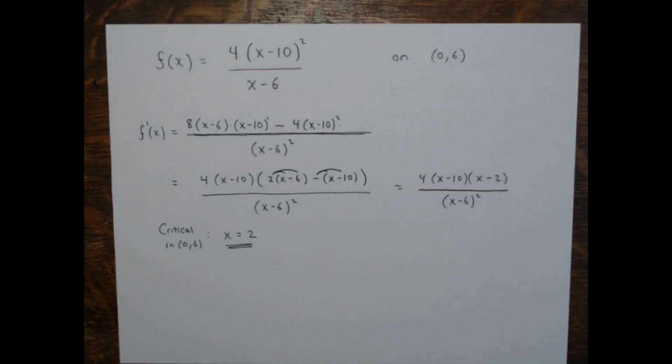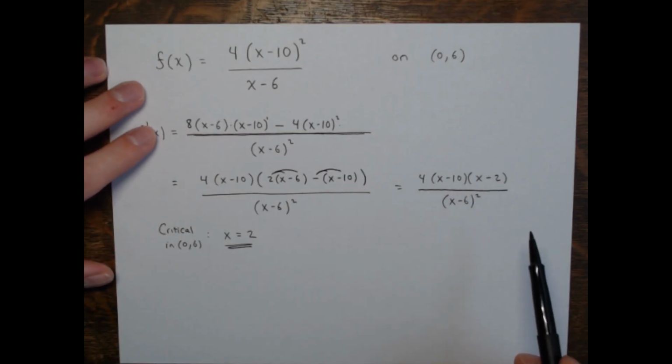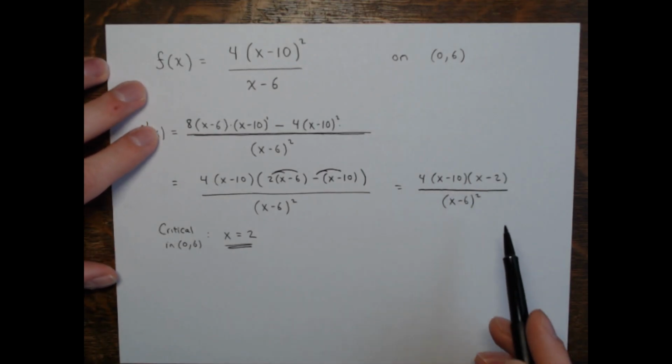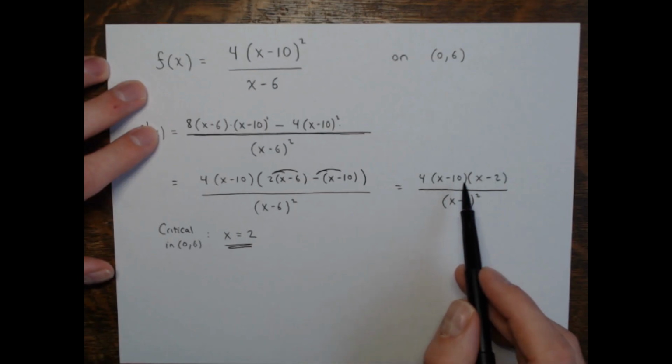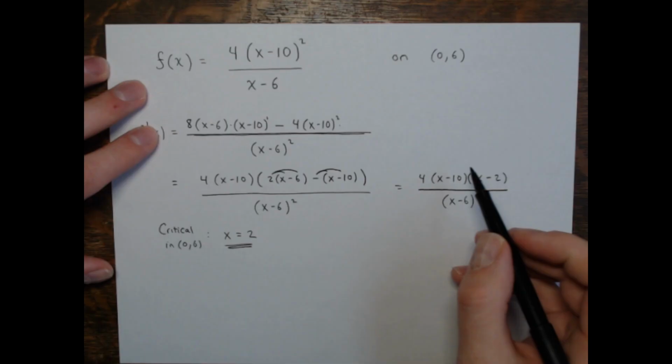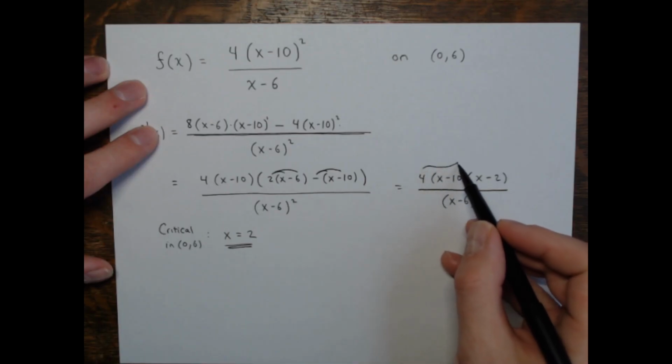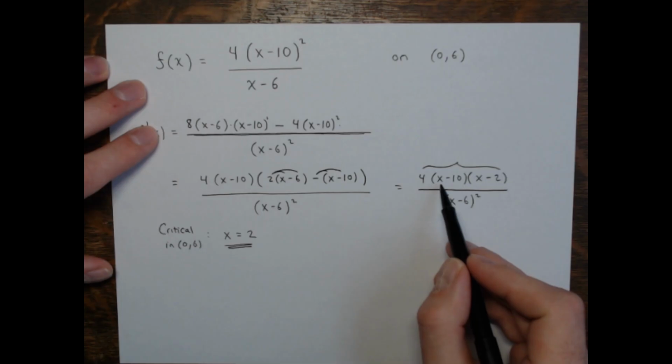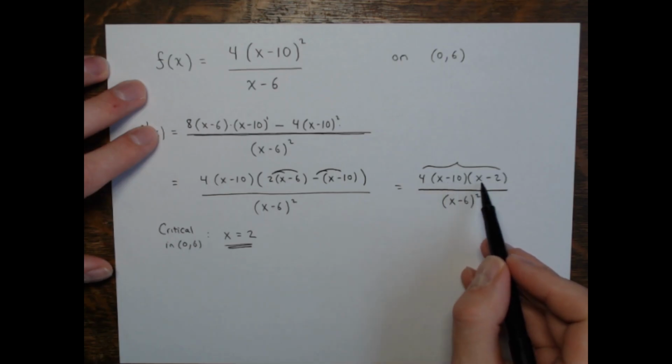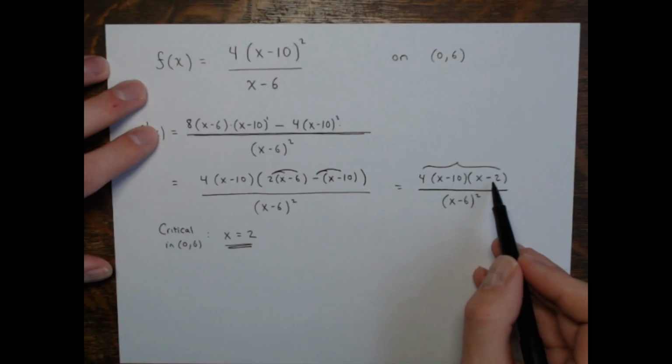All right, so then to perform the second derivative test, I need to plug this into the second derivative, right? So I need to take the derivative of the derivative. So again, I'll leave it this way. I'm going to maybe multiply the top part out just to make it easy on myself, right? So if you multiply these two, that'd be x squared, minus 10x minus 2x.